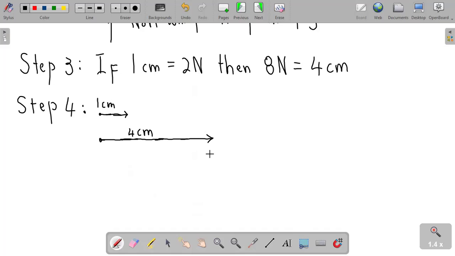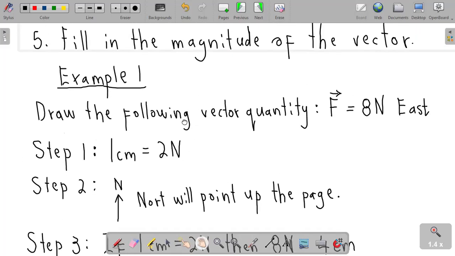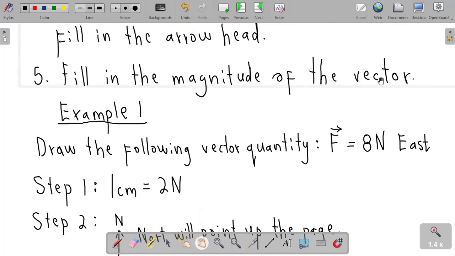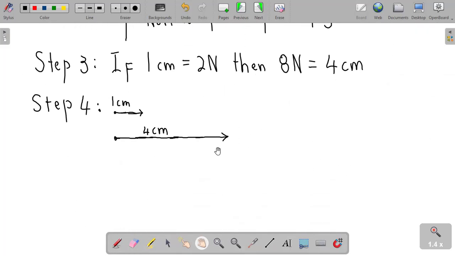And then the last step, step 5, they say what? Fill in the magnitude of the vector. So the one that we found here, or the one that's given in the question. So this one is 8 newtons, and this one is 2 newtons.